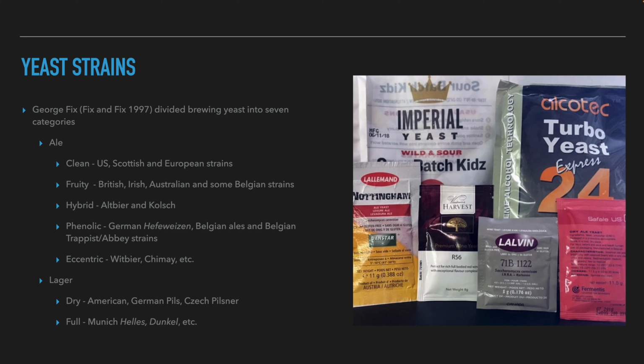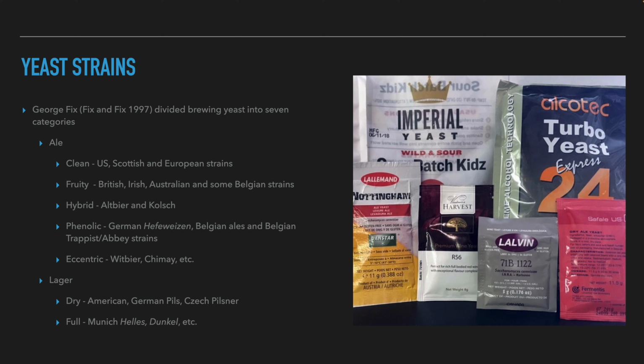There are the hybrid strains of alt beer and Kolsch, which ferment at much lower temperatures than other ale yeast. There are phenolic yeast, such as German wheat beer yeast, some Belgian ales, and Trappist ales. And there are the eccentric varieties of wheat beer, Chimay, and more.